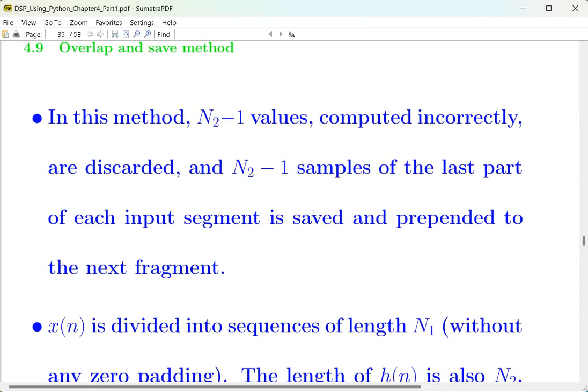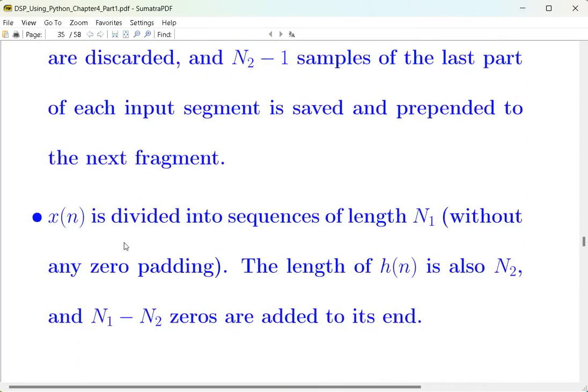The idea of the method, overlap and save, is that they are saved and prepended to the next fragment or section or segment.